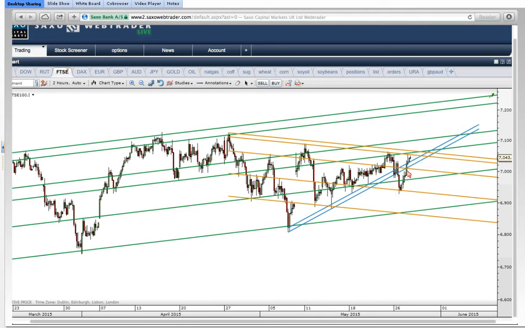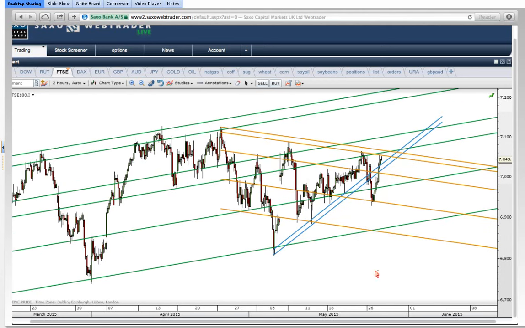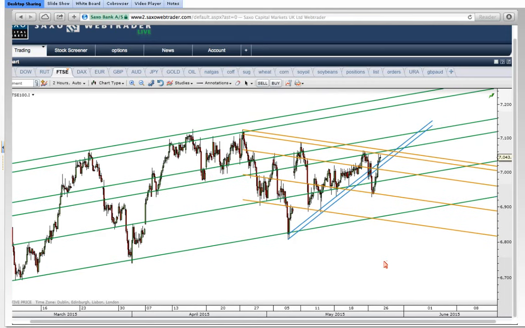So yeah, the orange channel may still be holding. Obviously, a lot of green resistances, so it's very choppy. It's a difficult market at the moment. I'm not very confident about my calls on FTSE, but when I see something like the blue support breakdown, I call it and I short it.